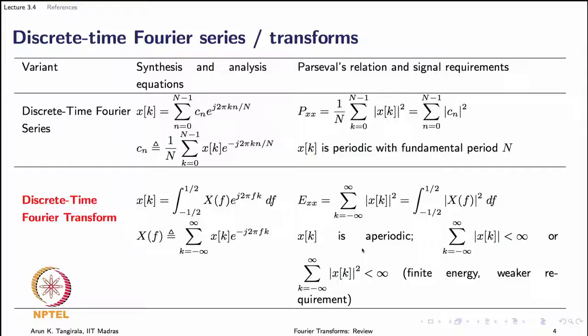As far as the conditions for the existence of the discrete time Fourier transform are concerned, the discrete time signal, besides being aperiodic, should have finite one norm, which is a stricter requirement compared to finite energy, which is a weaker requirement. And these are again similar to what we discussed in the other three variants.